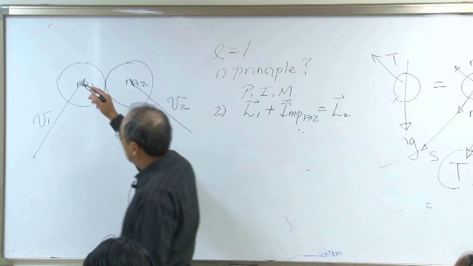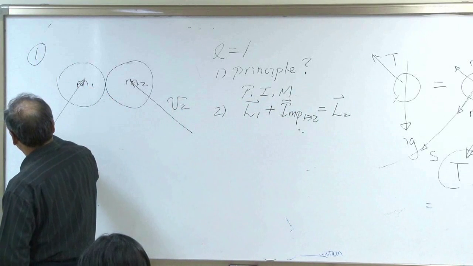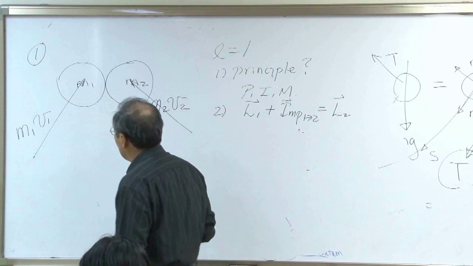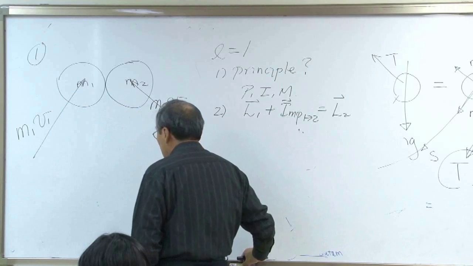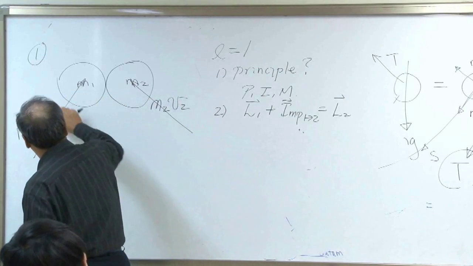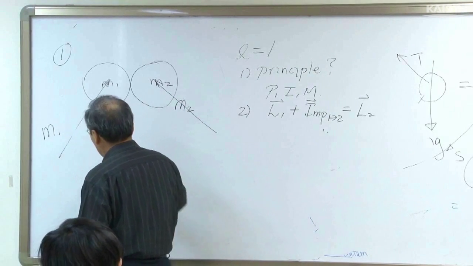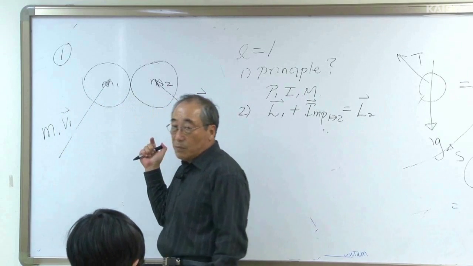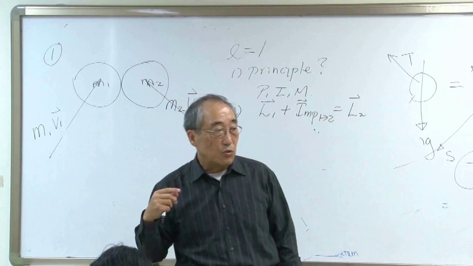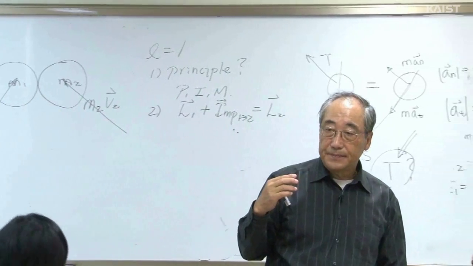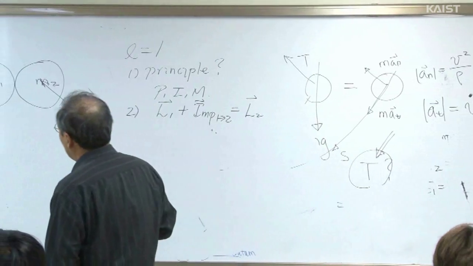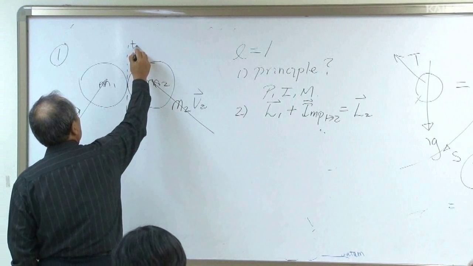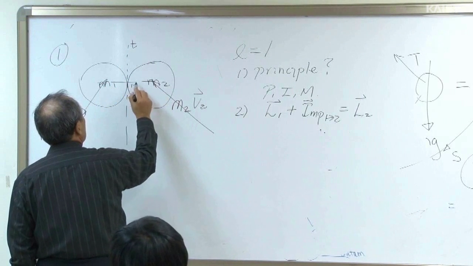So this is state 1. So I say this is m1v1. This is m2v2. If you like, instead of using scalar, you can change this to vector form. Or if you keep scalar form, assume that you are using some coordinates. Okay? And then it collides, and you know this is the tangential direction and this is the normal direction.